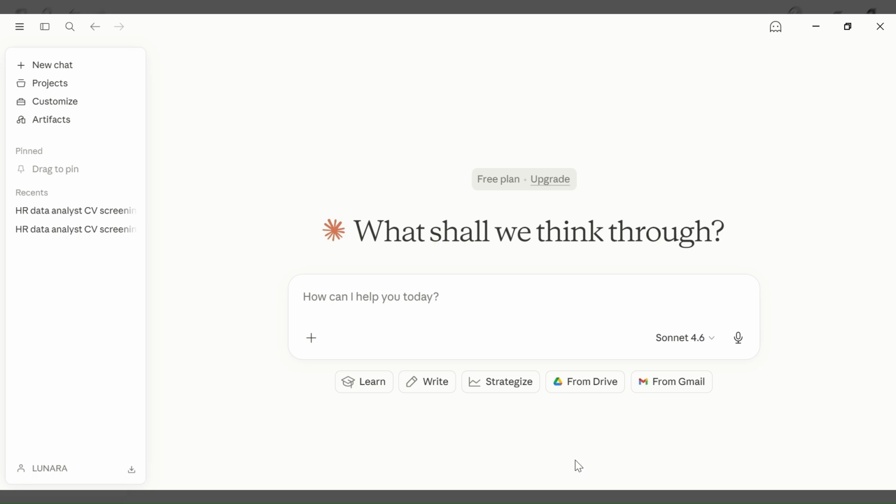All right, so we are continuing. Today we are going to look at how to compare the CVs of the various candidates that we have in our inbox.